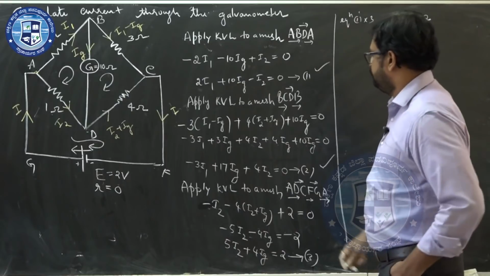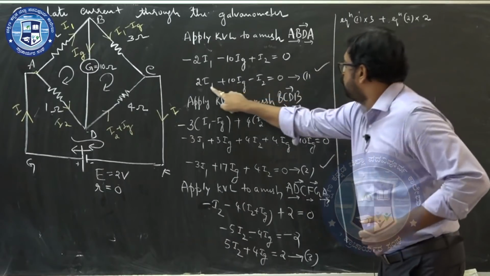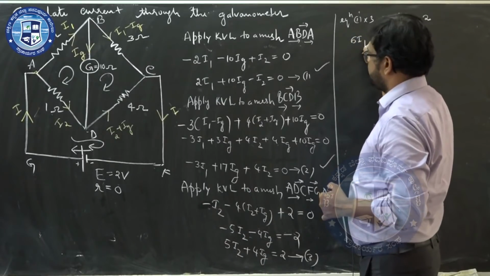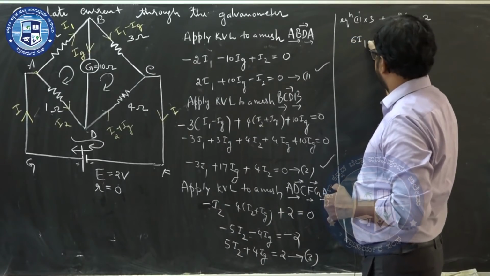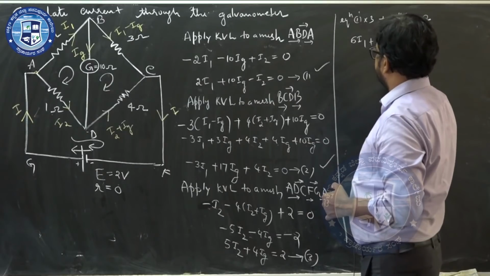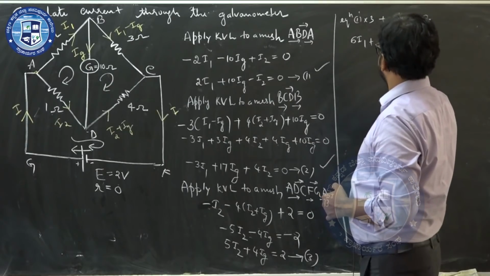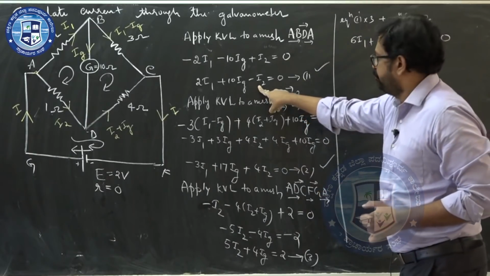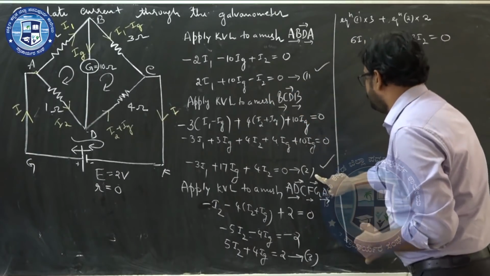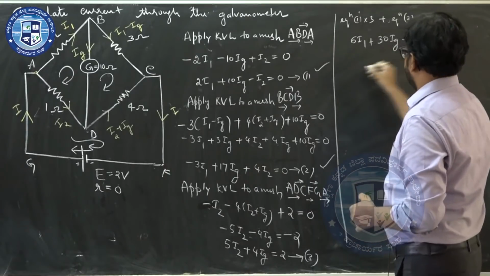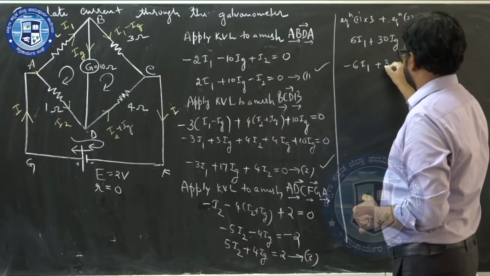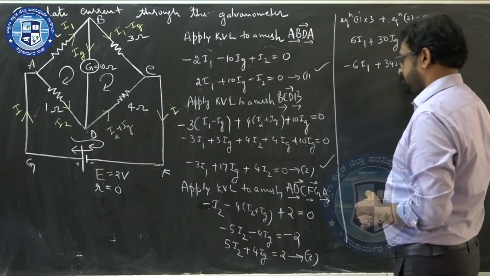Equation 1 is multiplied by 3, equation 2 is multiplied by 2. I have to add. If I multiply equation 1 by 3, I will get 3 2s is 6, right? 10 3s are 30, right? And this is 3I2 should be equal to 0. Now I am multiplying equation 2 by 2. 3 2s are 6, then 17 2s are 34 IG, correct?